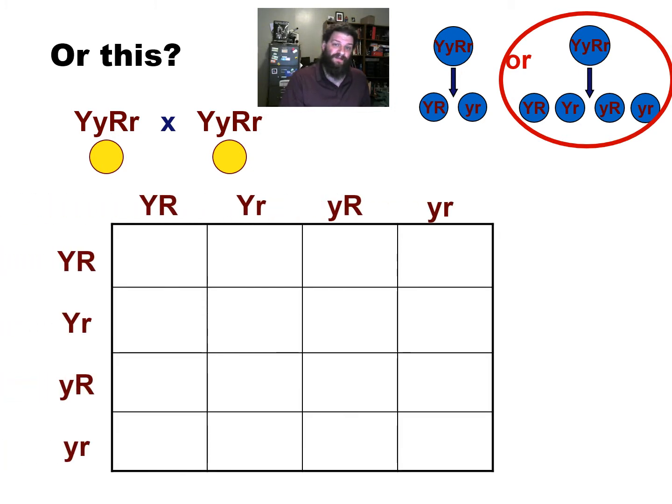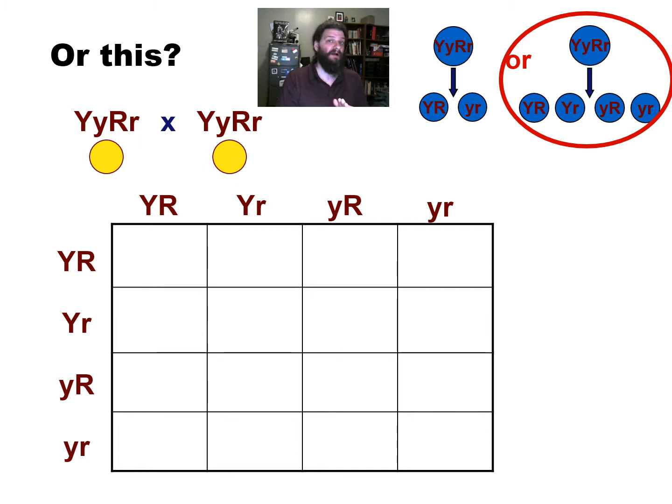Now, this is going to be a little bit more complicated because there are more choices. There are more ways that those alleles can arrange. I can either get the dominant Y and the dominant R allele, or I can get the dominant Y and the recessive r allele, or vice versa, the recessive y and the dominant R. I can get both recessive y and r. So I have each one of those different types of gametes that are possible.